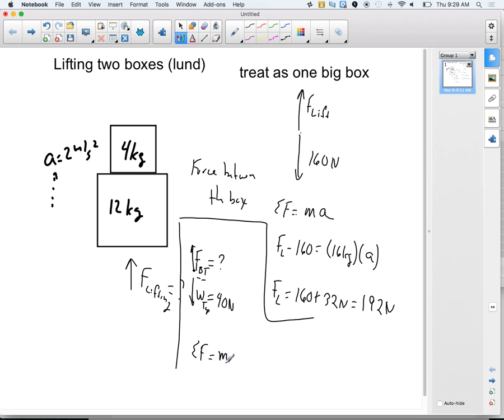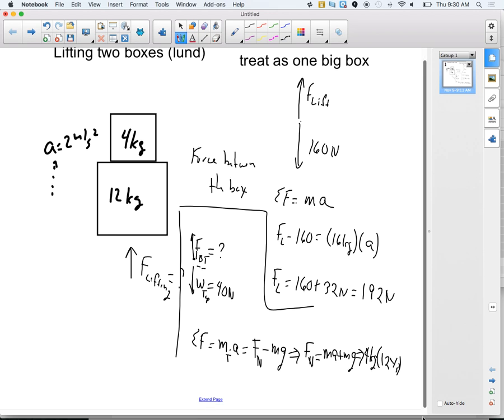So I'm going to have mass of the top box times its acceleration is force, and I'm going to now label it as a normal force because that's the kind of force it is, minus mg. And what that gives me is the normal force is equal to ma plus mg, which looks like 4 kilograms times 12 meters per second squared.